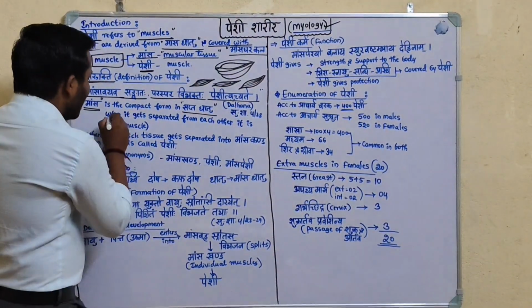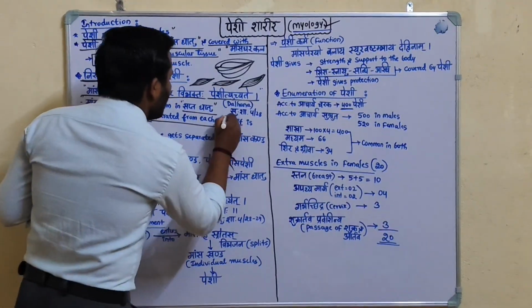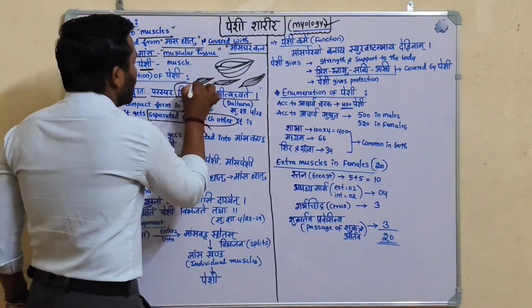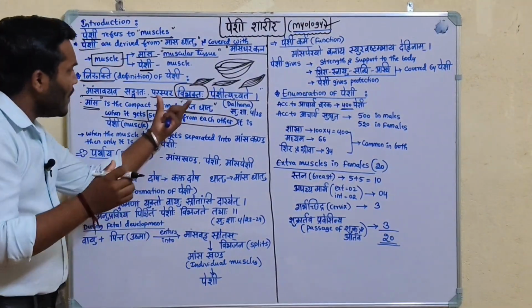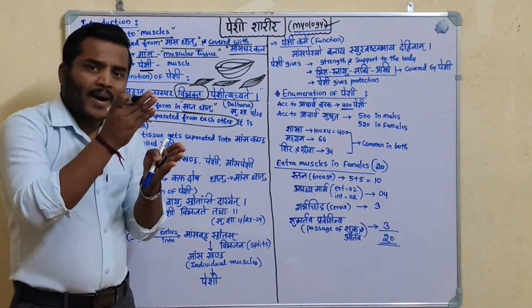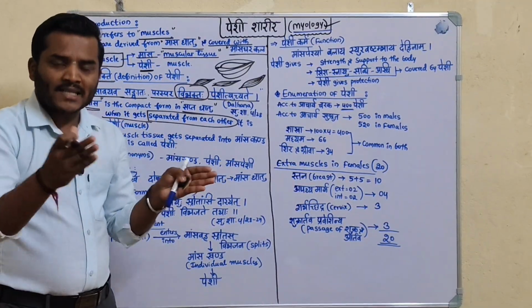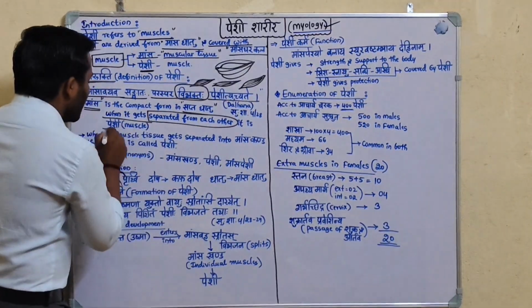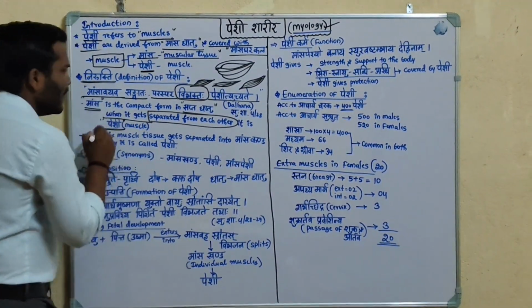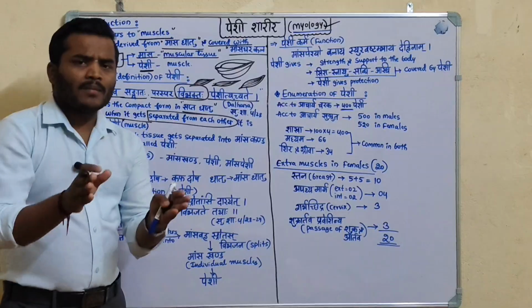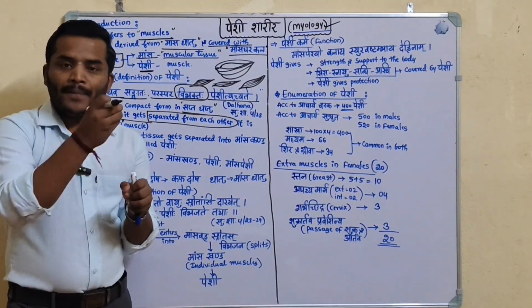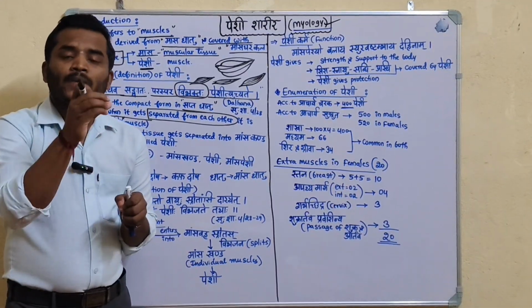When it gets separated from each other, paraspara vibhakta, that is, when mamsa dhatu splits and separates, then it is called peshi. In general, remember, mamsa is the muscular tissue and peshi is the individual muscle.